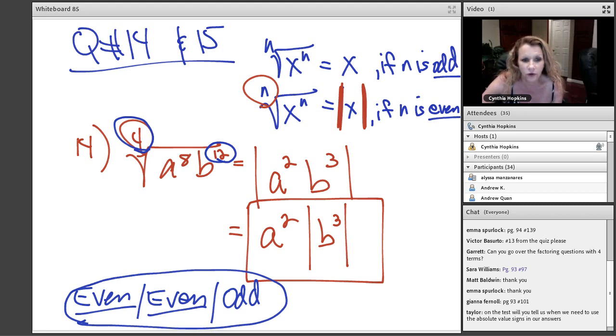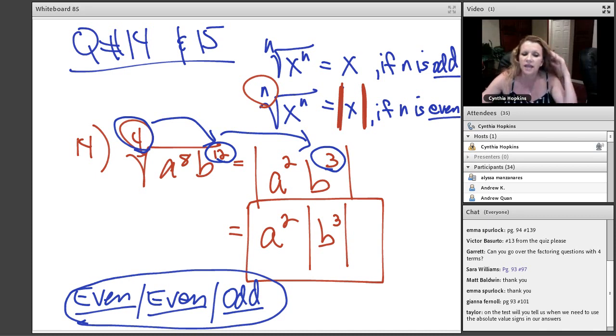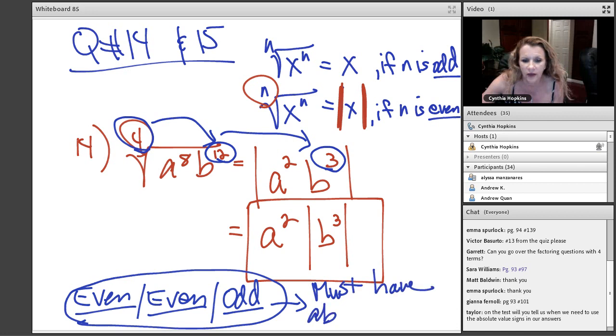And then when you take the 4th root of b to the 12th, don't you get b cubed? Well, that's my odd. So 4 to 12 to 3, that's even, odd. And that means you must have absolute value. So when you see an even, odd, I'm going to write must have absolute value.